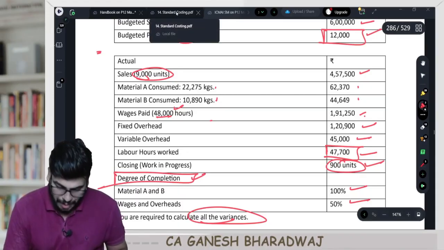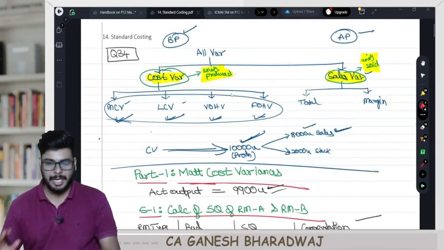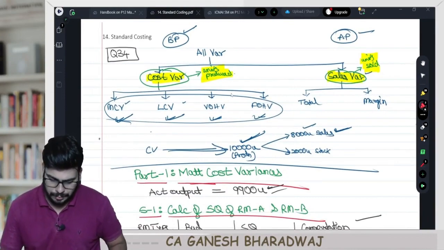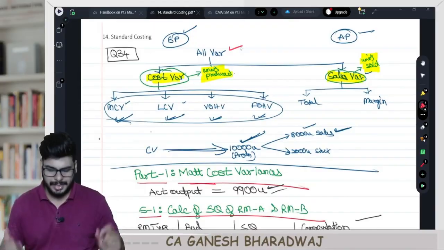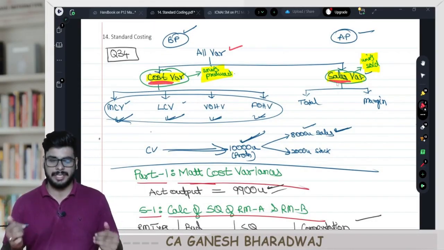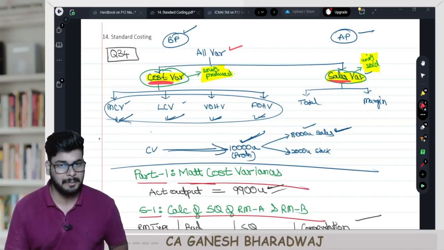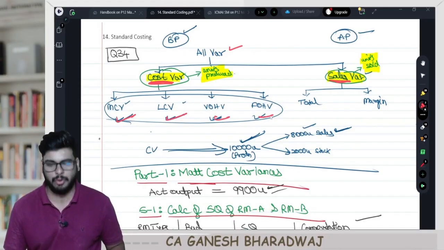Now guys, let me tell you one very, very important thing in this particular area. If you see, we have all the variances, right? The variances are classified into what? The cost side variances and sales side variances. Cost side variances are further bifurcated into material variance, labor, variable overhead, and fixed overhead variances, and on the sales side we have total and margin variance.